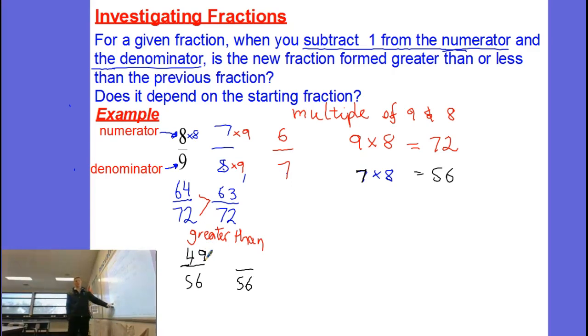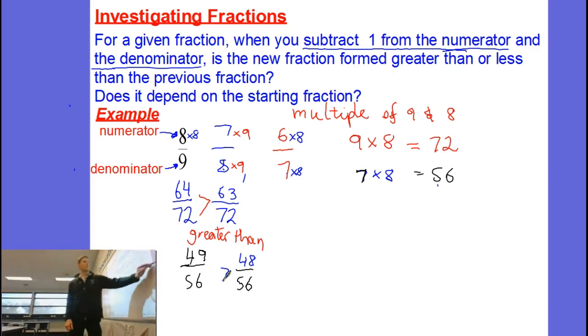So 49/56 is the same as 7/8. Okay, so what about my 6/7? Well, I multiplied that by an 8 to get to a 56. So to make sure I get an equivalent numerator, I also got to multiply this one by an 8. And my 6 times 8 gives me a 48. And now I can see, well, which one is greater? I can clearly see 49 out of 56 is a larger fraction than 48 out of 56. So that is also greater.